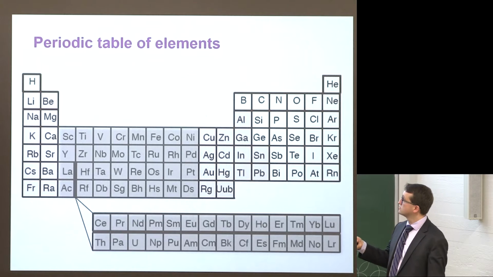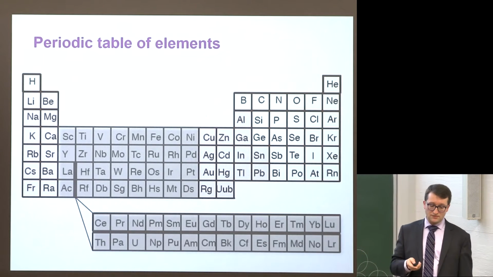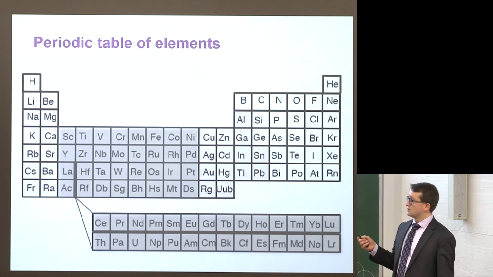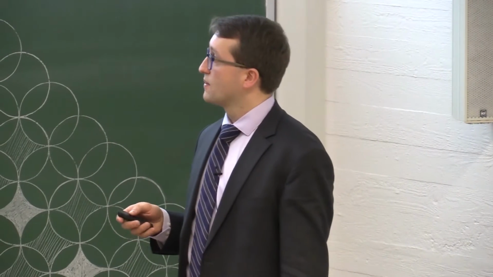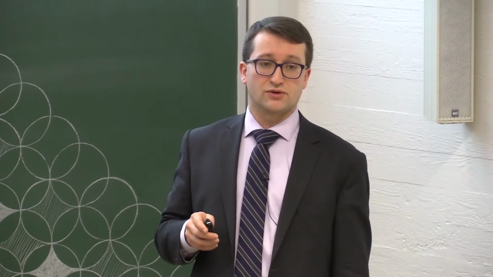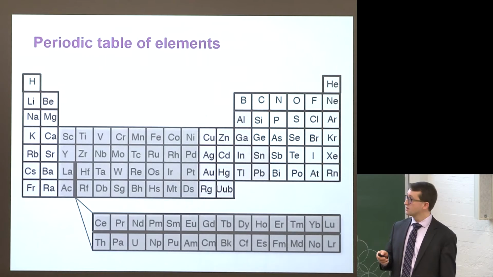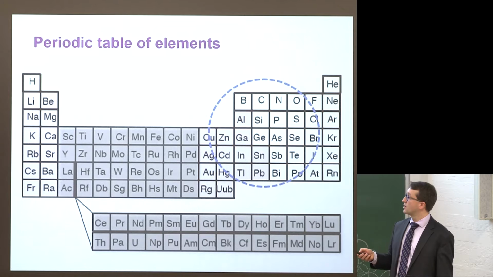Depending on the number, you have different atoms called hydrogen, helium, and so on, and they have very different properties. I'll be focusing in the next few minutes on a particular subset of these materials to illustrate a couple of things. These two materials come from this part of the periodic table.